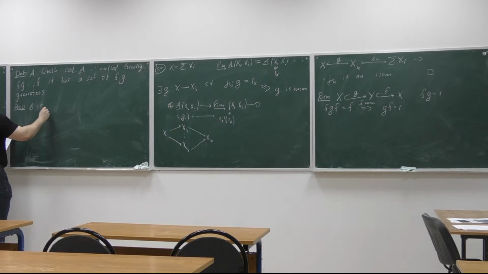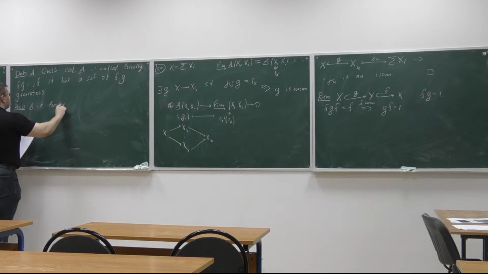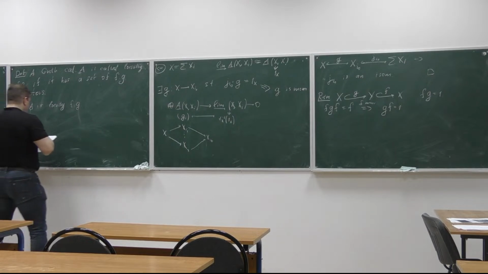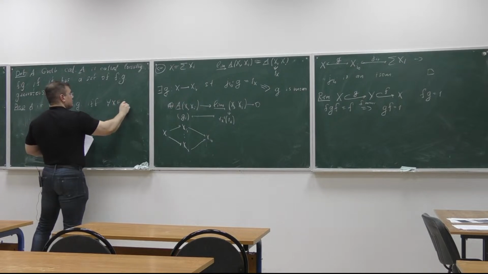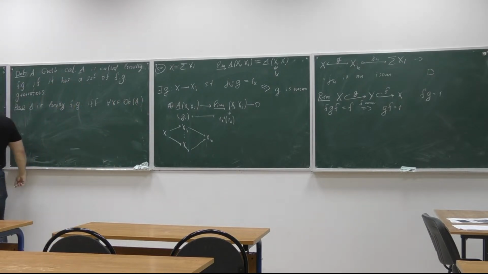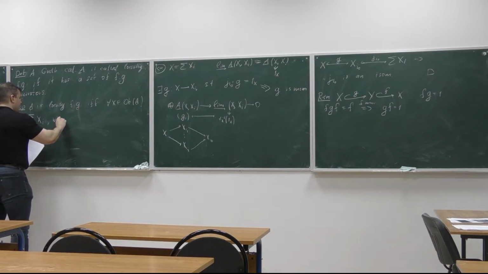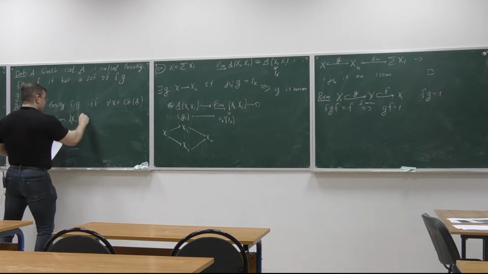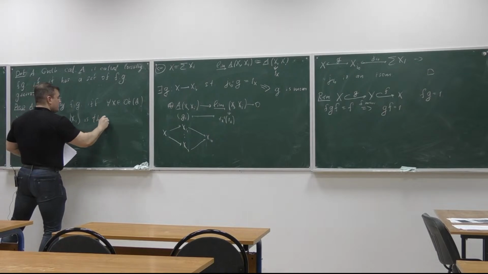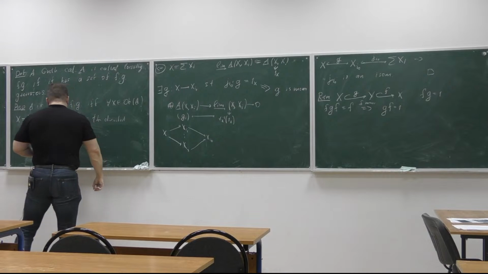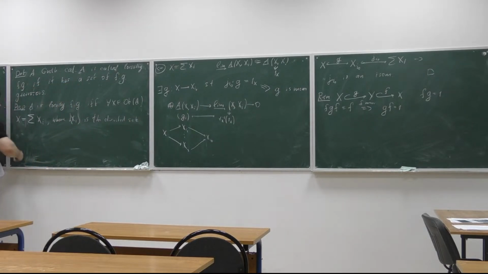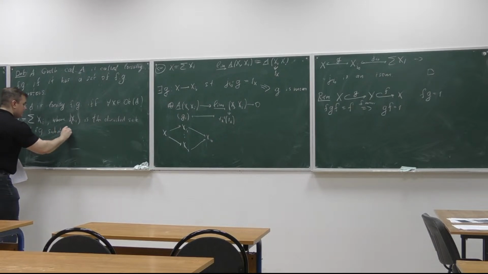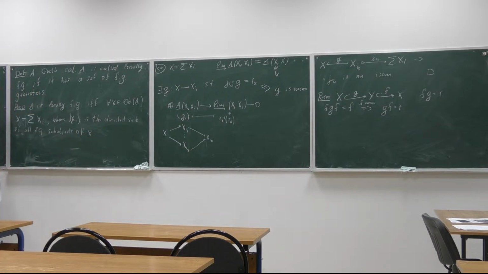So A is locally finitely generated if and only if for any object X in this category we have the following: X can be written as a sum of the x_i's, where the set of all these x_i's is the directed set of all finitely generated subobjects of X.